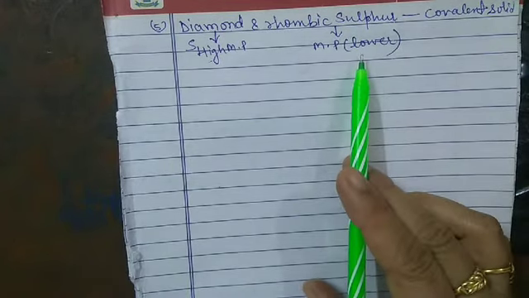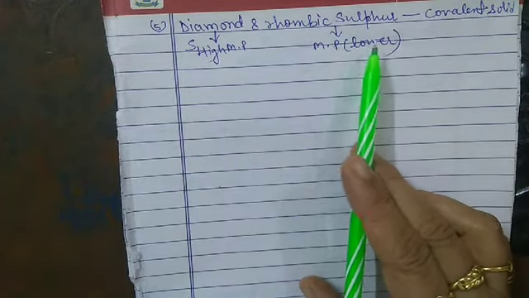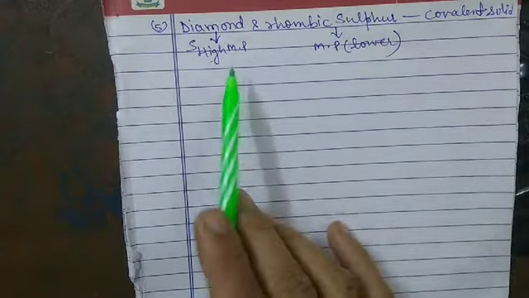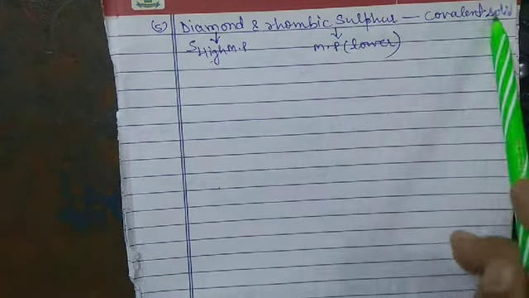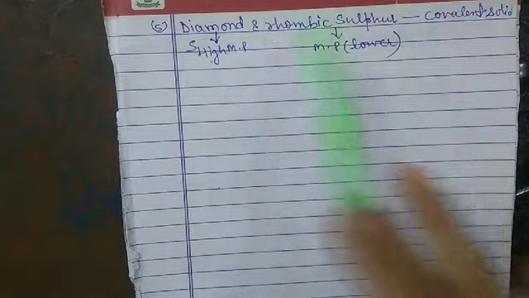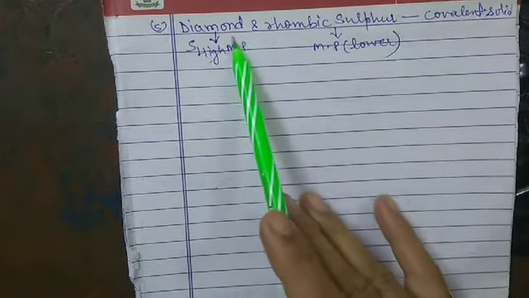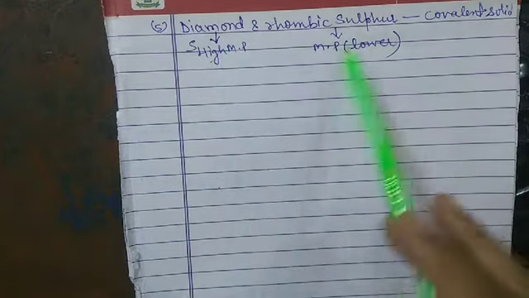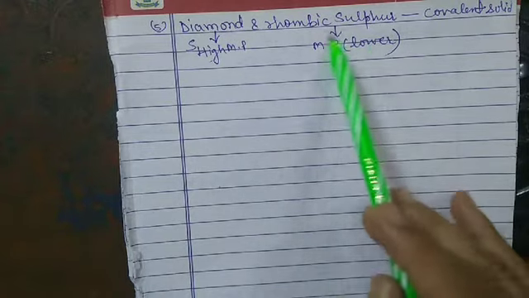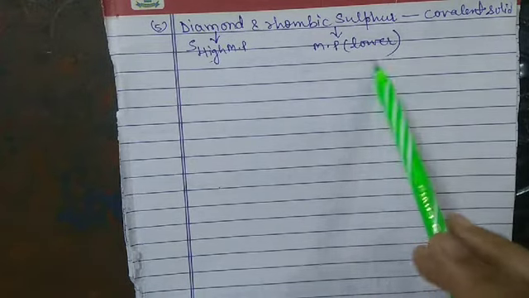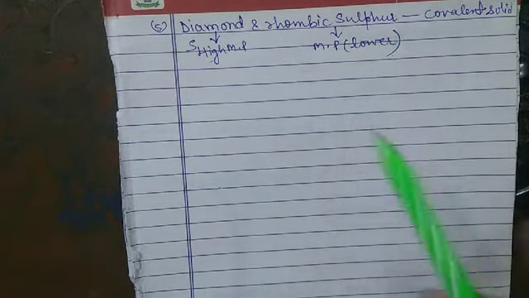Rhombic sulfur is lower. Now what is the reason behind it? Diamond and the rhombic sulfur both are covalent solids. When they both are covalent solids, why is there a difference in their melting points? The diamond has the high melting point, whereas the rhombic sulfur has the low melting point.